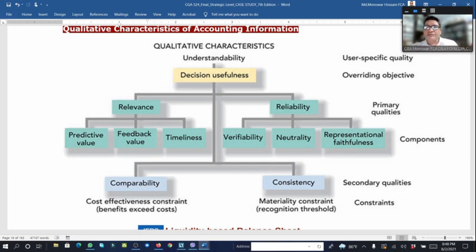Comparability and consistency are the secondary qualities. There are also the cost-effectiveness and materiality constraints. All these components and characteristics must be within the financial data.